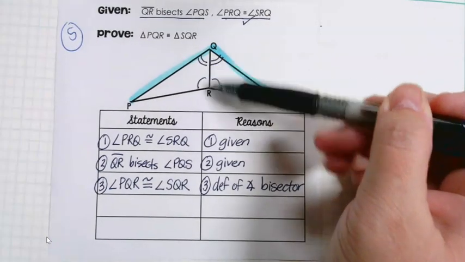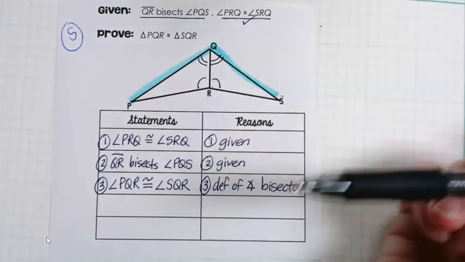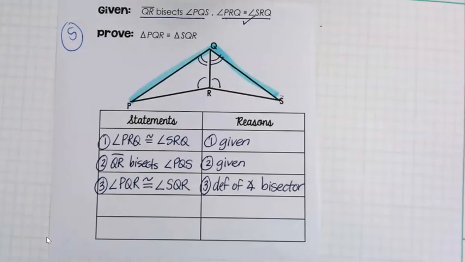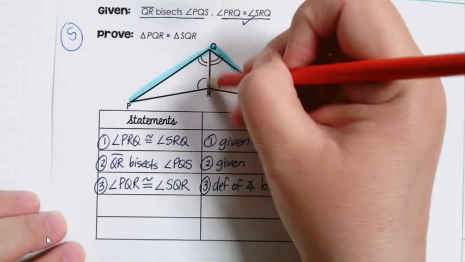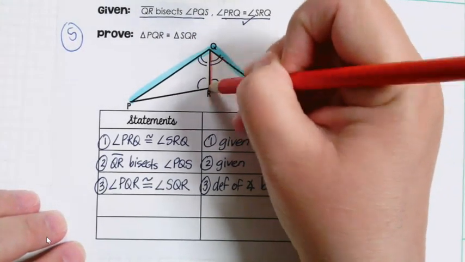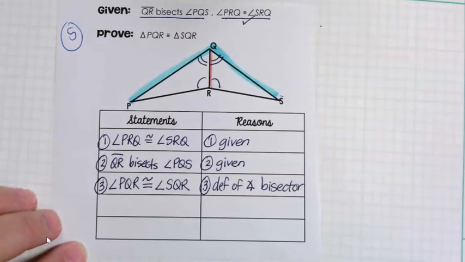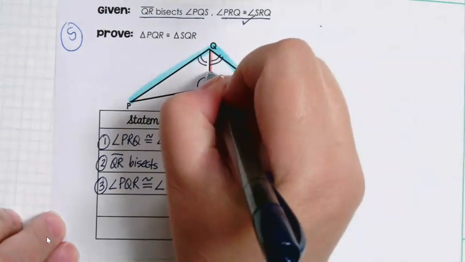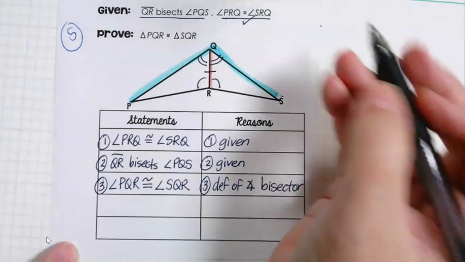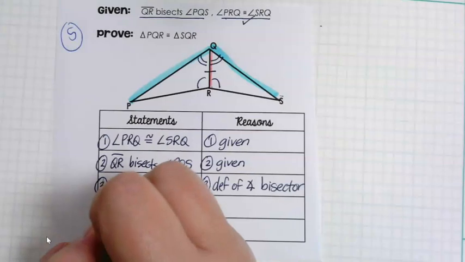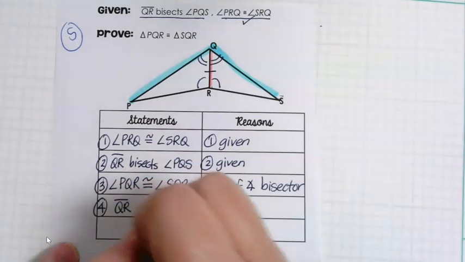All right, so looking at my picture right now, I have, or my figure, I have 2 pairs of congruent angles. Is there anything else that I'm supposed to know without being told here? Yep, I've got a shared side. I've got this side in the middle that QR is a part of both triangles. So it's going to be the same size no matter which triangle it's in. So that counts as a pair of congruent sides. So I'm going to say QR is congruent to itself.